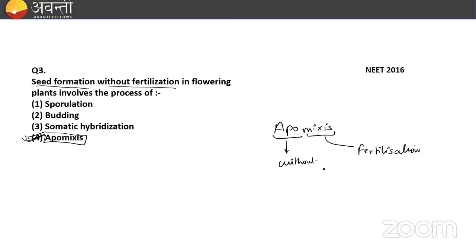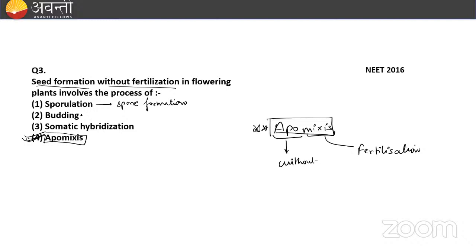If the seeds are forming without fertilization, that process is known as apomixis. Option 1 says sporulation. Sporulation is spore formation. Second option says budding. Budding you have observed in lower organisms and higher organisms also, like in sugarcane, you have seen the vegetative buds.